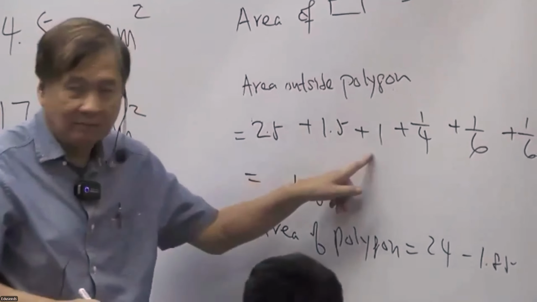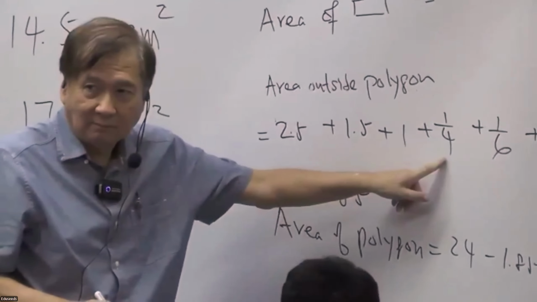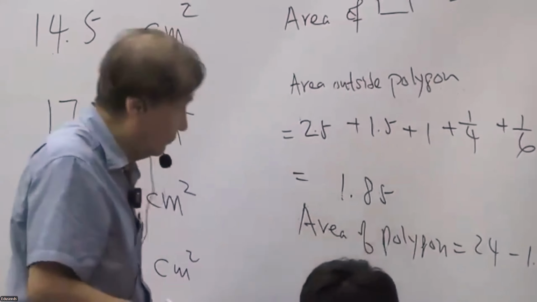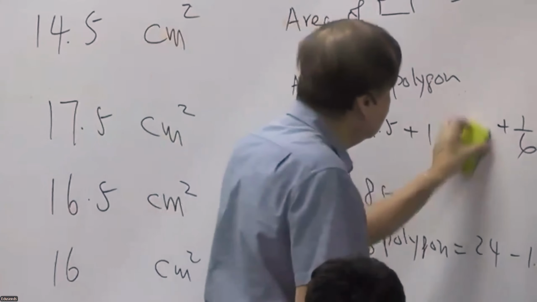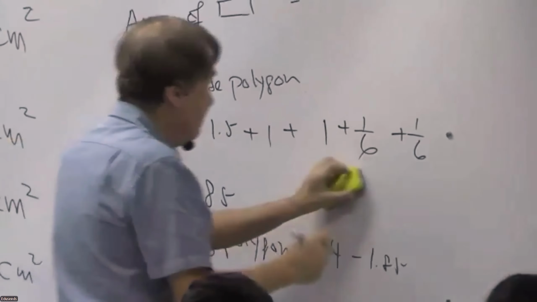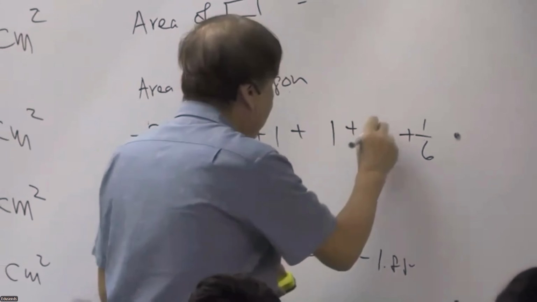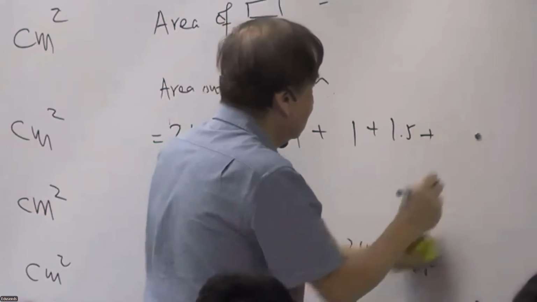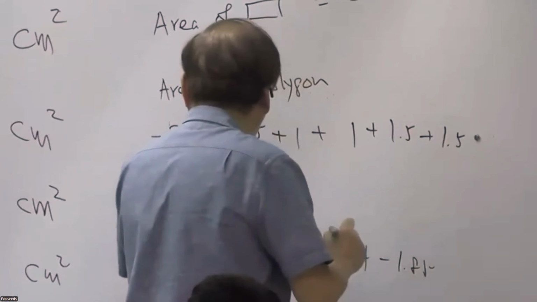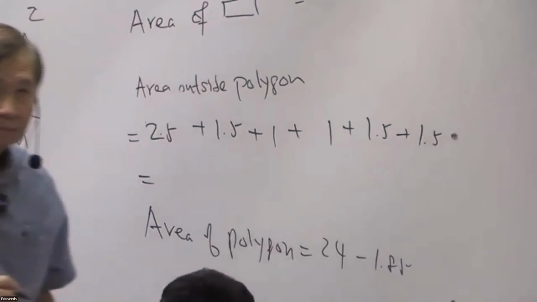This is a 1, right? This is also 1. And this one? 1.5, 1.5. Am I right? Answer? Tell me. All agree?